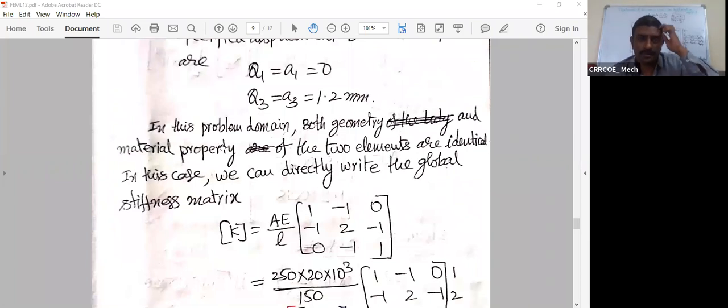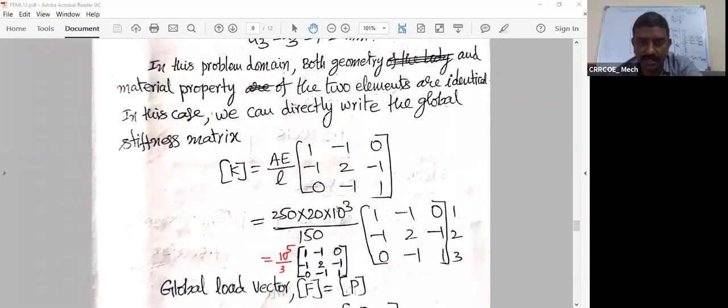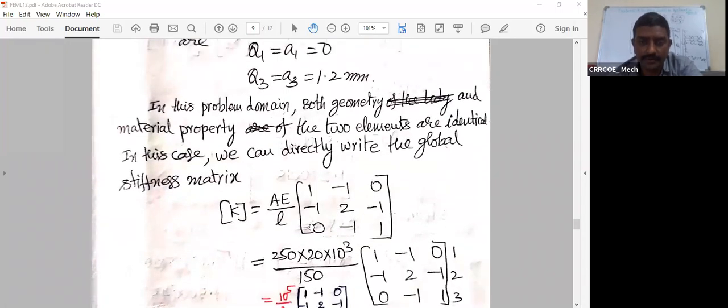In this problem domain, both the geometry and material properties of the two elements are identical, so we can directly write the global stiffness matrix. K1, the stiffness matrix for element 1, is equal to that of element 2, identical.